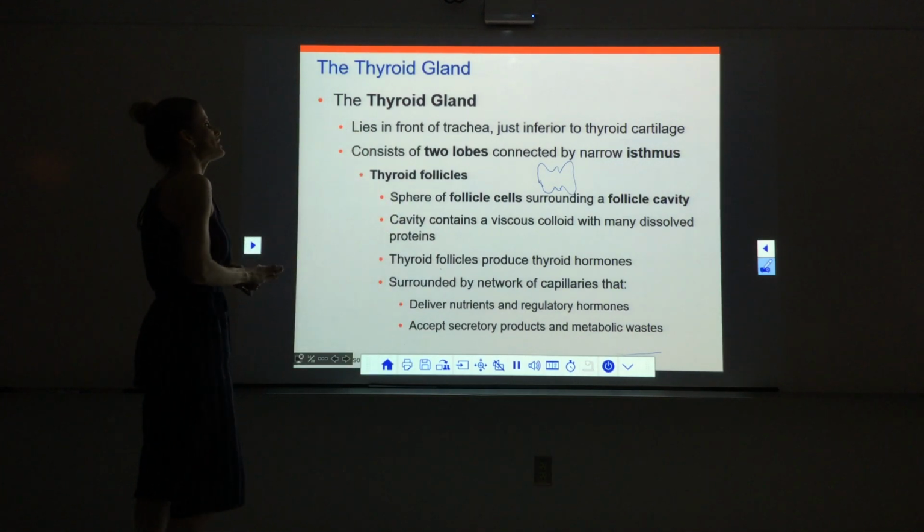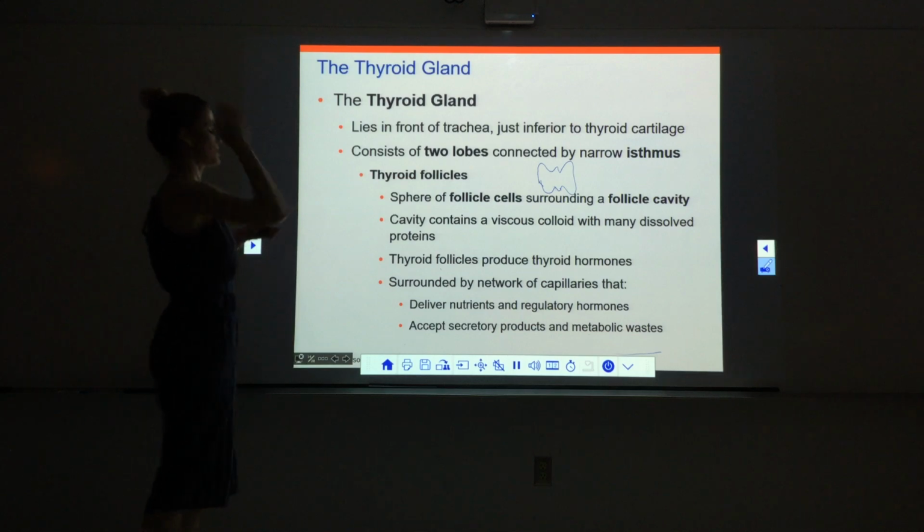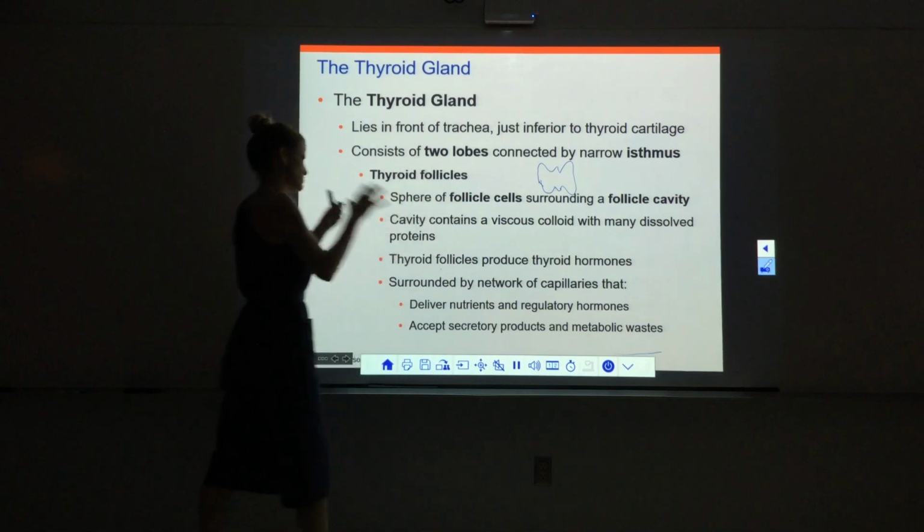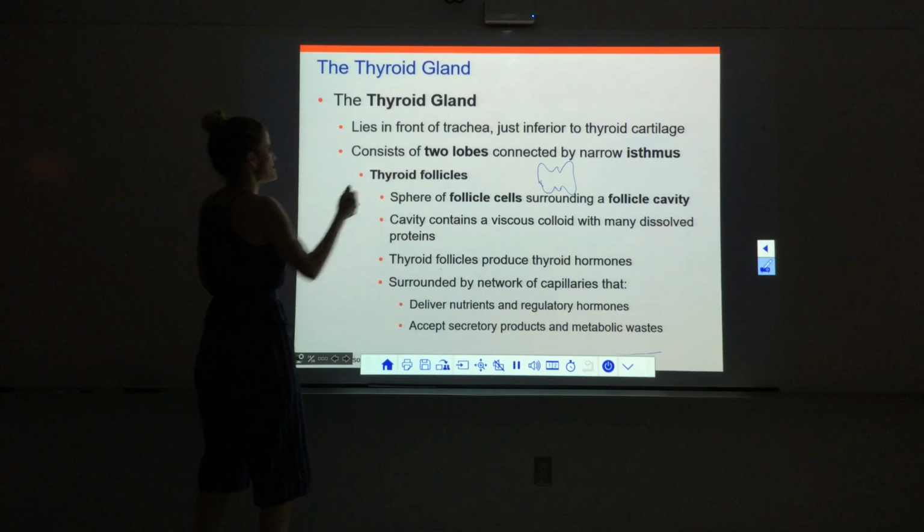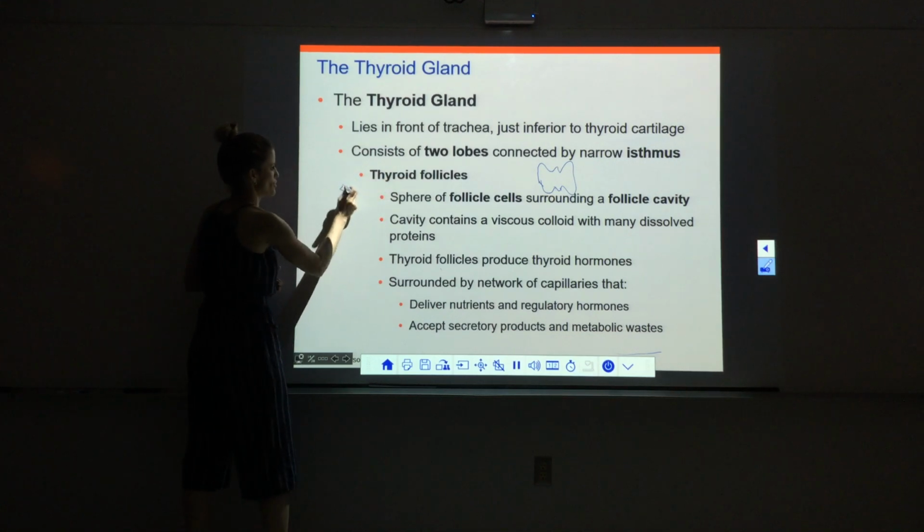When we look at the thyroid gland microscopically, if we were to section this up and look at it, we would see that it's made of tons and tons of what we call thyroid follicles.